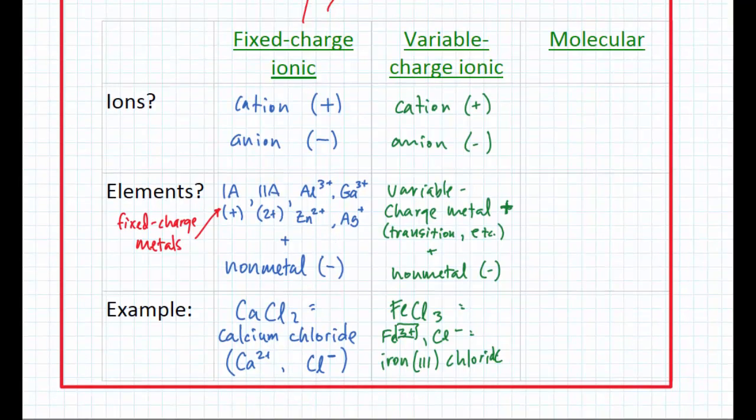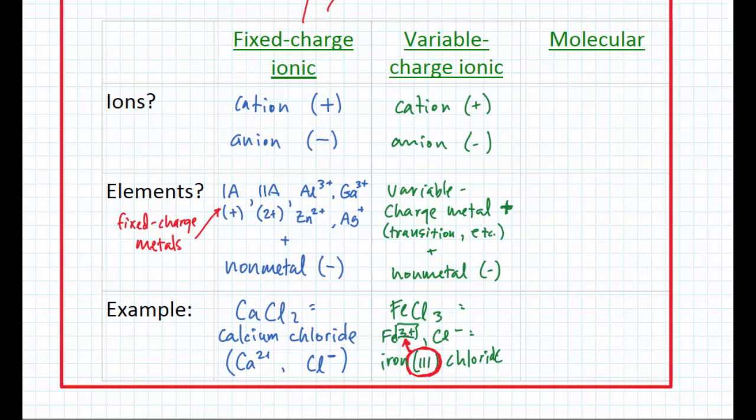And that Roman numeral, tell me once again, what does that Roman numeral stand for? The what charge? Yep, the positive charge of the variable cation. So that's the difference between fixed and variable. They're both ionic because they're both a metal and a nonmetal.